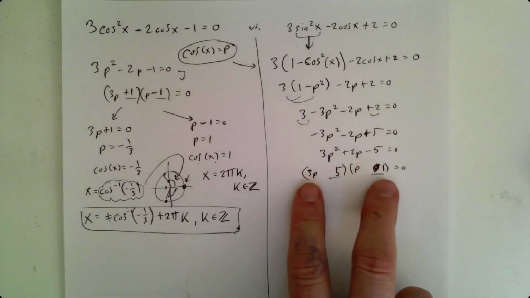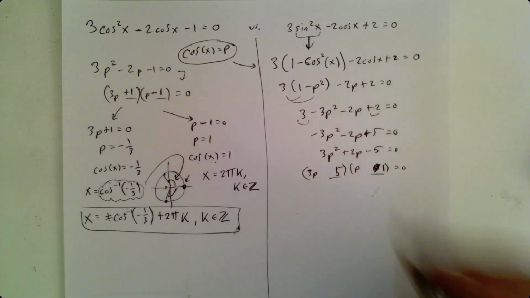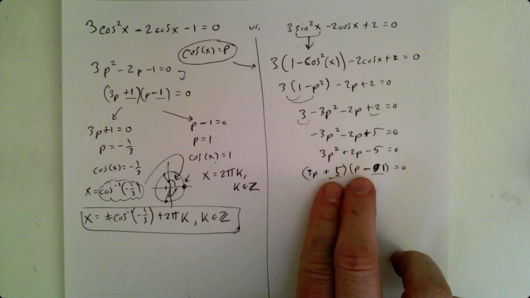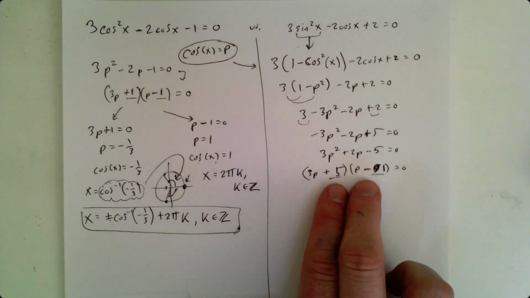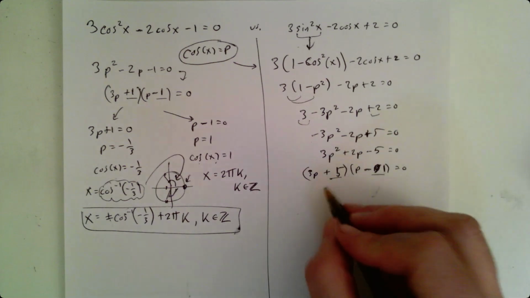So now 3 times 1 is 3. How am I going to get to 2? Well, I could get to 2 if this was -3, and then I'm adding 5. So -3p plus 5p is positive 2p. And then 5 times -1 is still -5. So that seems to have worked.